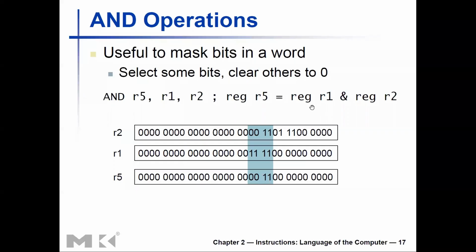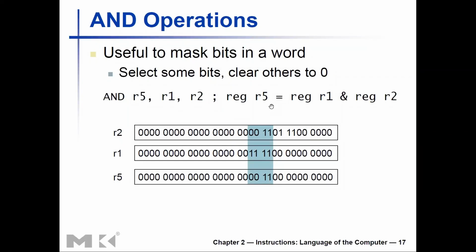You can just use the AND operation, and you can actually interchange these two source operands, because even if R2 contains this value and R1 contains this value, you will get the same result. It's a logical thing that you first get the need of masking bits, and then you put in the proper values.